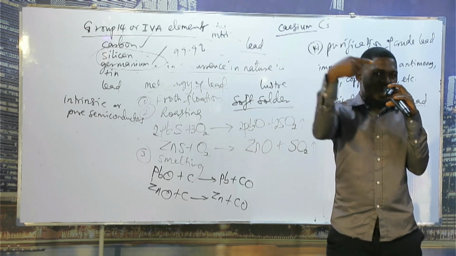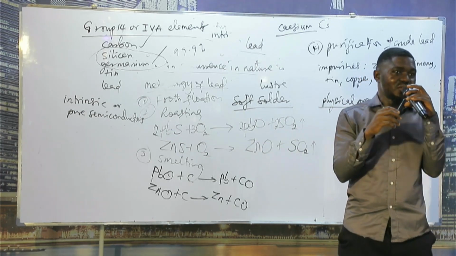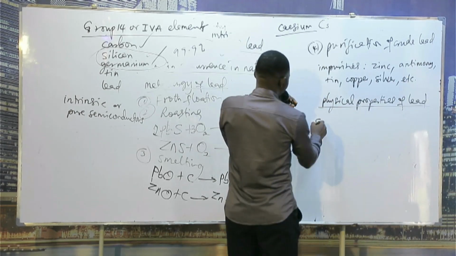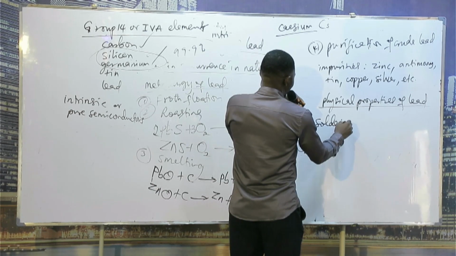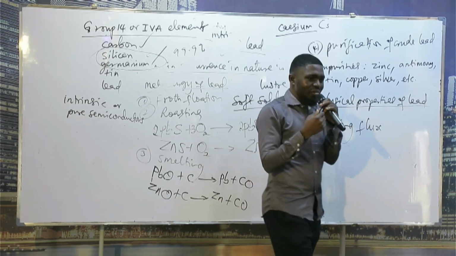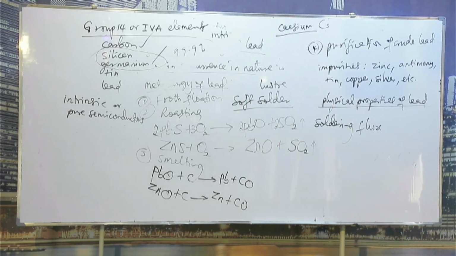They normally collect it and rub that place. That one is called soldering flux. JAMB can ask you that in the exam. What is soldering flux? It is zinc chloride.